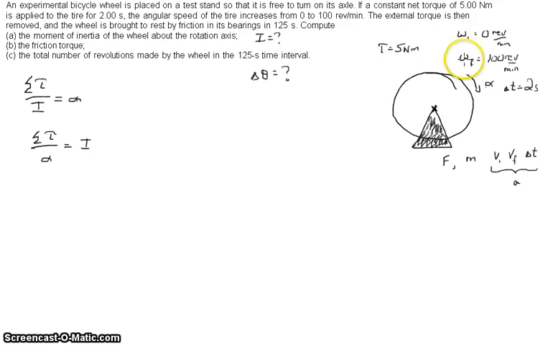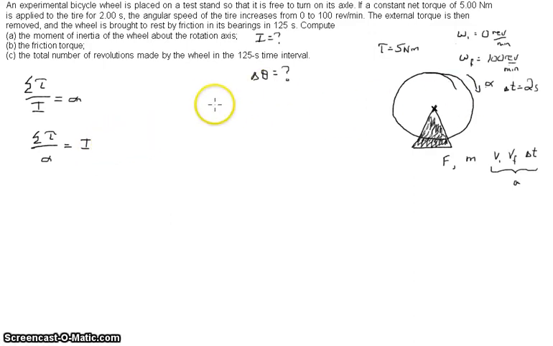So we know the initial and final angular speed. Well, first off, there are revolutions per minute. Now, especially since I'm dividing the torque by the angular acceleration, this is going to need to be in radians per second. They're all SI base units, so we'll end up with the proper units for inertia, which will be kg times meter squared.